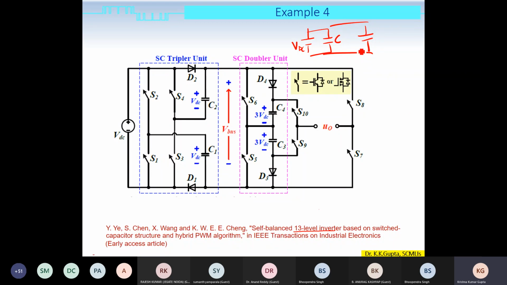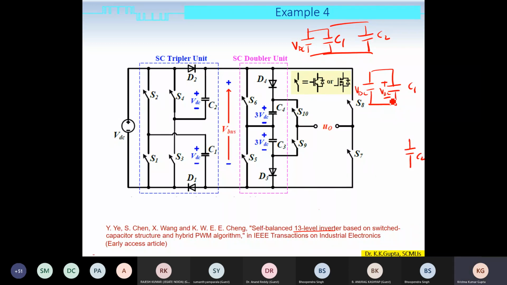Now in this work, what they are suggesting is you bring this capacitor C1 in parallel with the source. So this C1 will get charged to a value VDC.